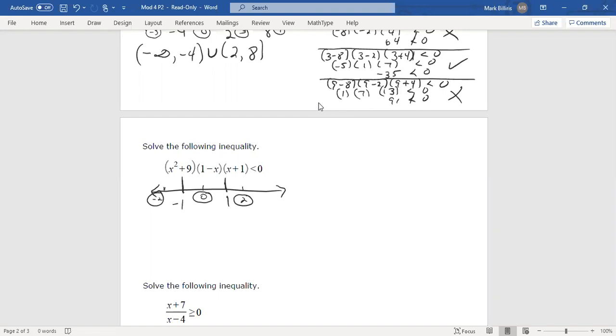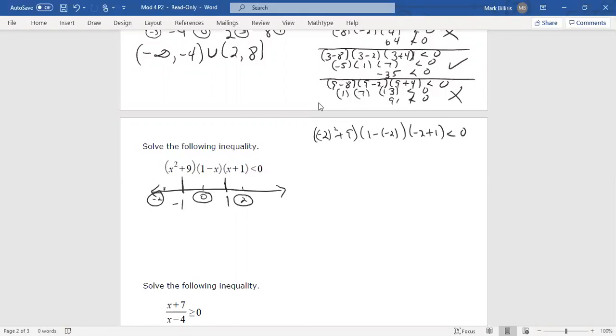So I'm going to plug those in. The first one I do is -2. So I have -2 squared plus 9, 1 minus -2, and then -2 plus 1. I want to see if that's less than 0.